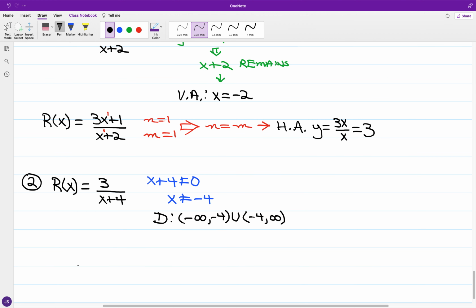And again, 3 over x plus 4 is already in simplest terms, so x plus 4 is not going to cancel.